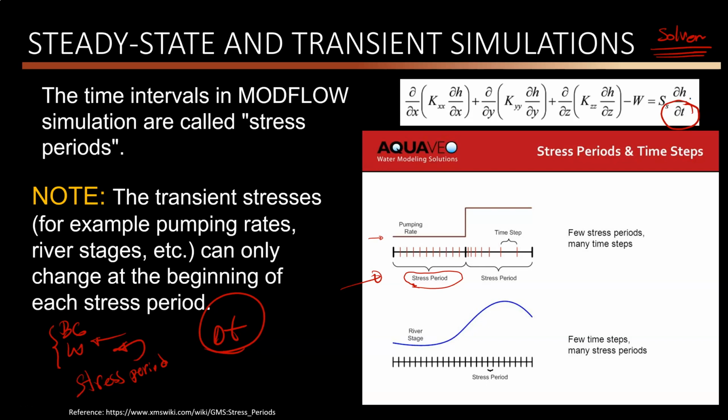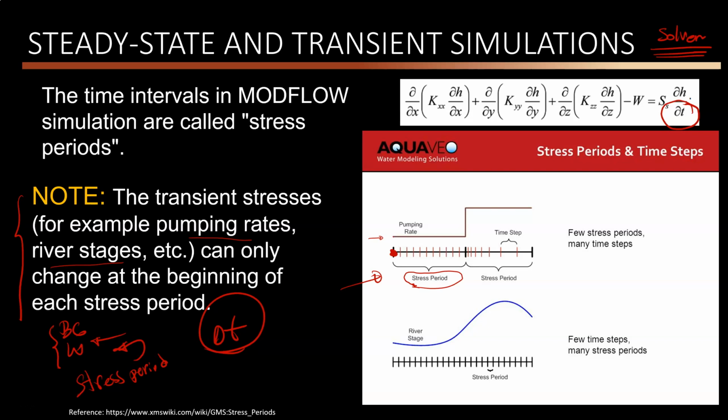By definition, the transient stresses, for example, pumping rates, river stage, etc., can only change at the beginning of each stress period. So this is a trick. This is the confusing part. It means that the beginning of each stress period is the only time when, for example, the pumping rate can change.